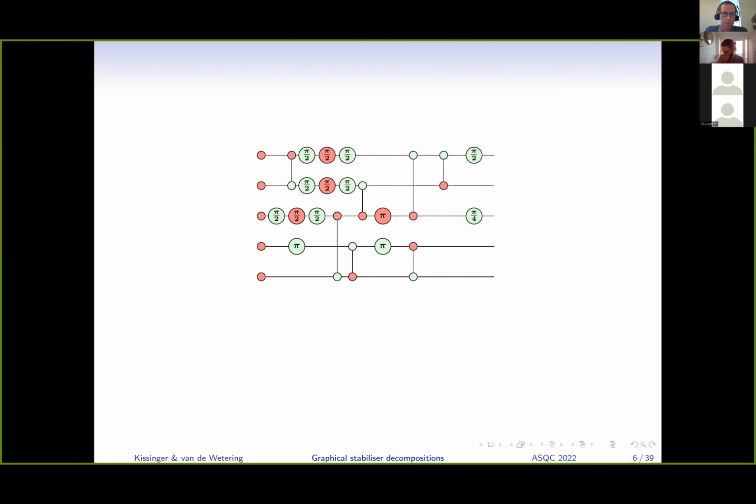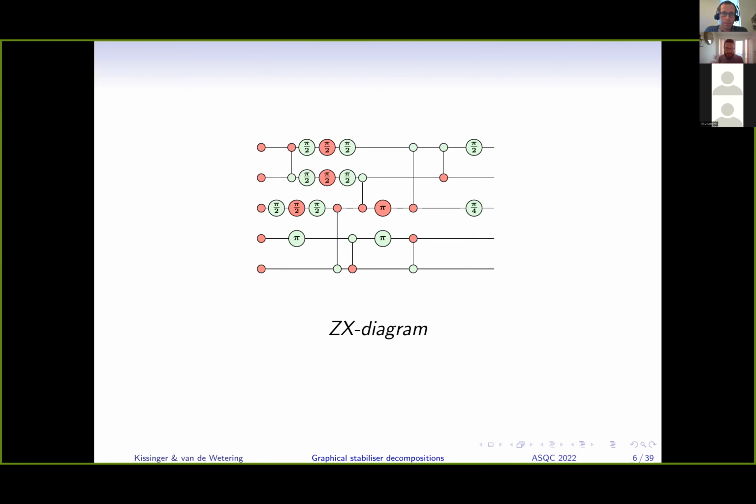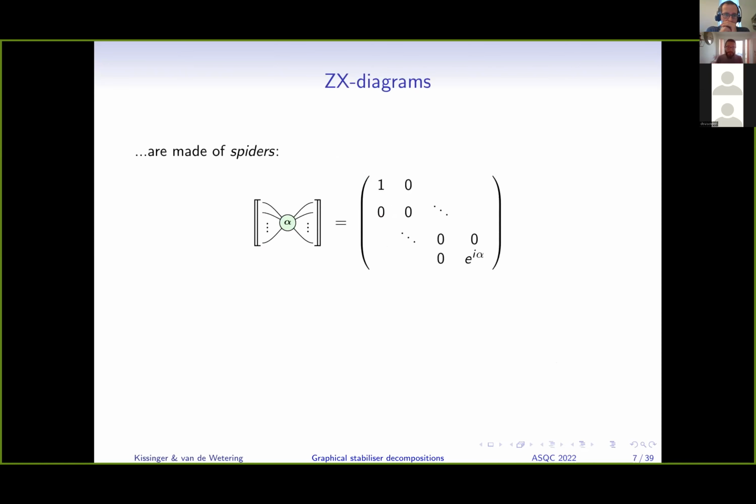This kind of diagram you get from a quantum circuit is called a ZX diagram. And these more primitive things, these red and green dots, or dark and light dots, are called spiders.